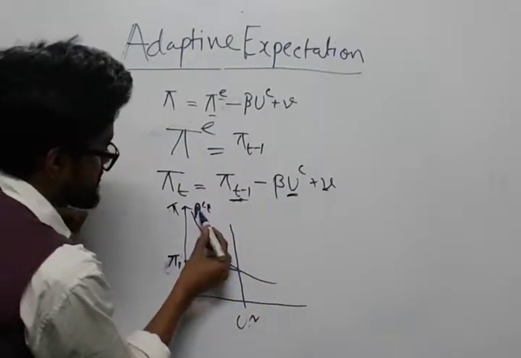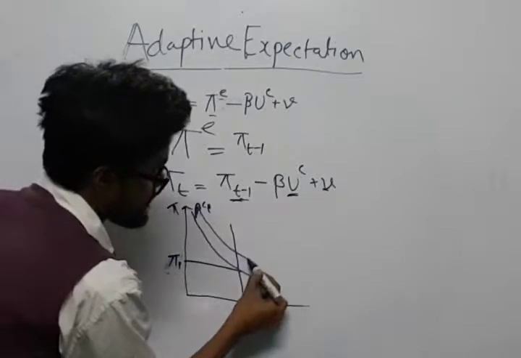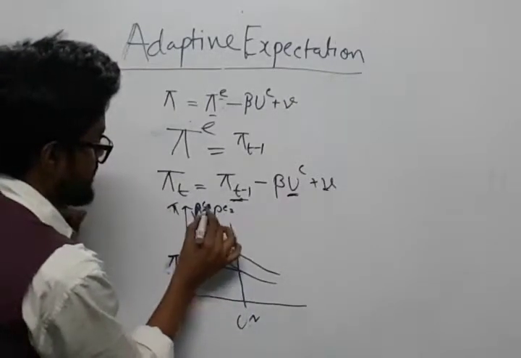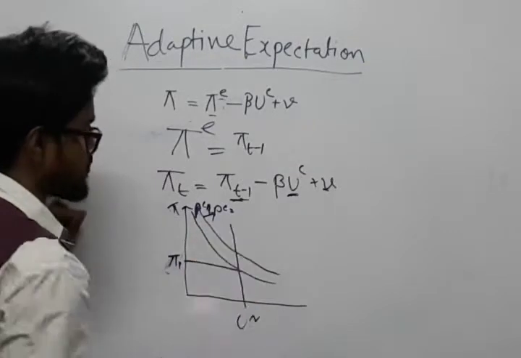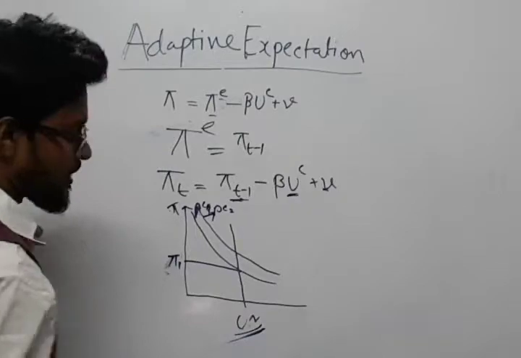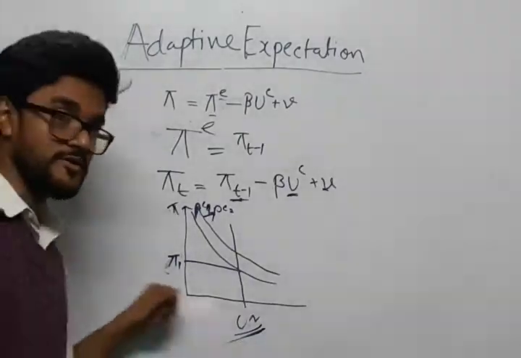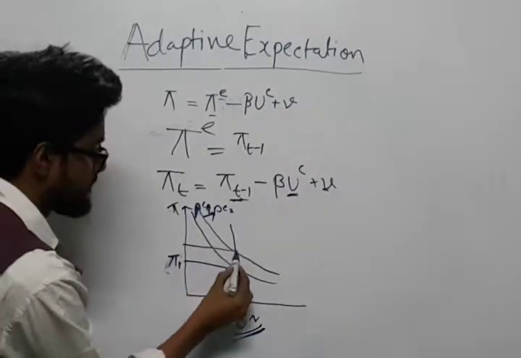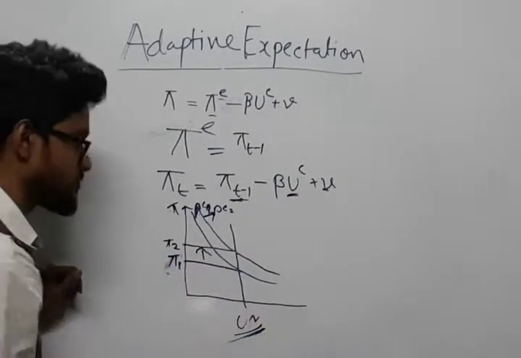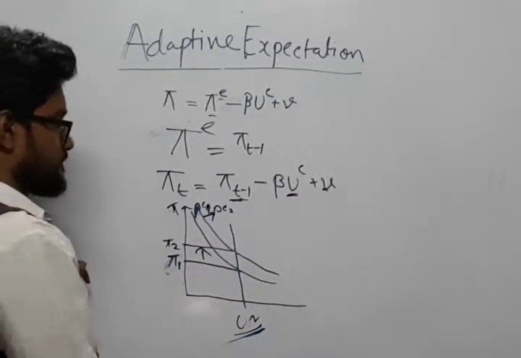But for the timing, just say the Phillips curve shifts rightward to PC2, from PC1 to PC2. Now as you can see, given the natural rate of unemployment rate, the inflation has risen from pi 1 to pi 2.